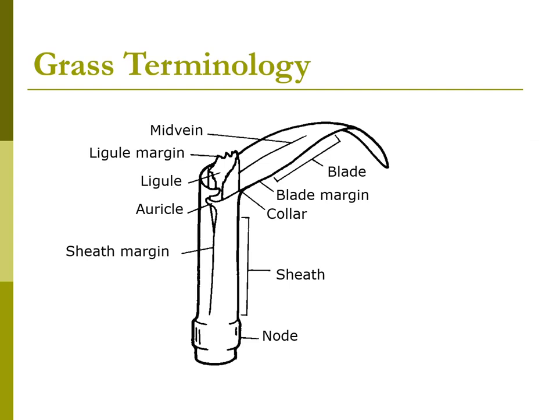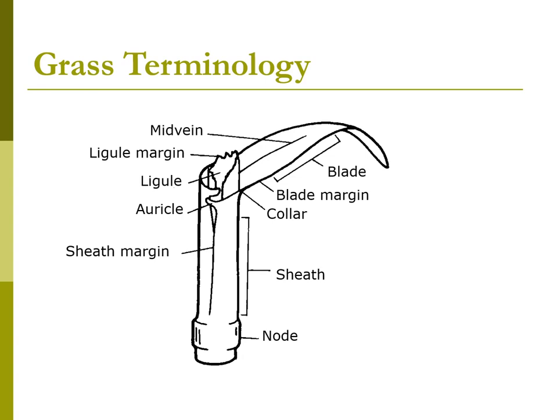We'll also want to know some terminology for the vegetative parts of the grass. So here we've got a section of stem and leaf, starting at the bottom with the node, which is where the leaf arises. And then that leaf follows the stem and clasps the stem for a good length, and that's called the sheath. And then the leaf breaks away from the stem and that's what we call the actual blade, or what we typically call the leaf.